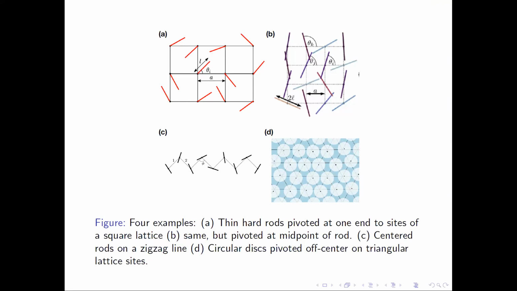So can you hear me? Sorry. Yeah. So in picture B, you said there's a hardcore constraint that the rotors cannot overlap. Yes. But in picture B, it seems like they're overlapping. No. The dark lines are the rods, and the light lines are just the background lattice.